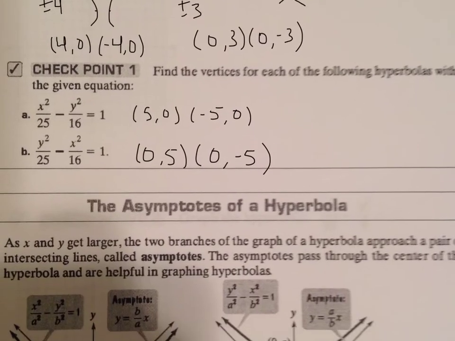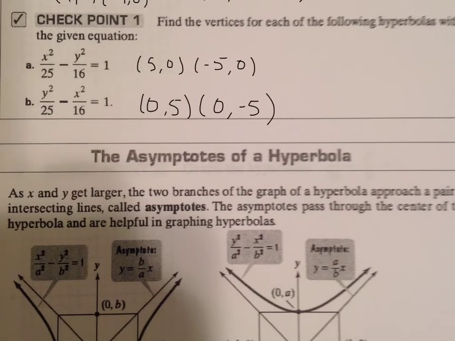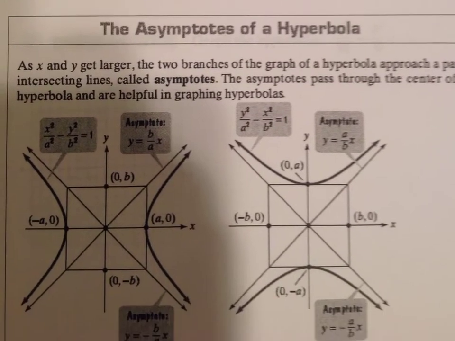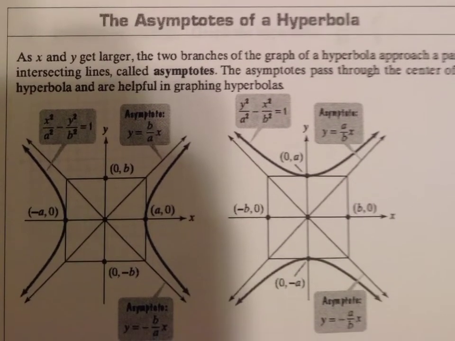Alright, well, let's talk about asymptotes on the hyperbola. You should remember from Algebra 1, you should have seen them, maybe you didn't. But an asymptote is a line that the graph itself, our hyperbola here, will get closer and closer to.